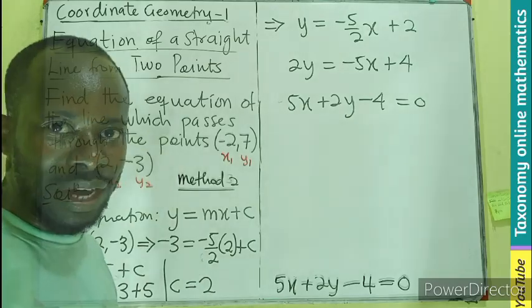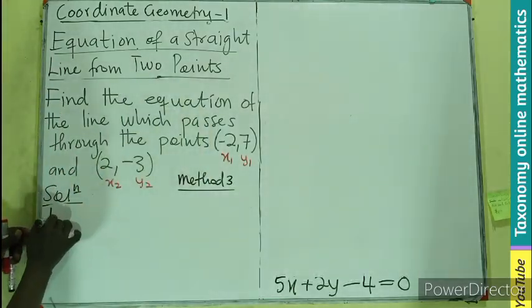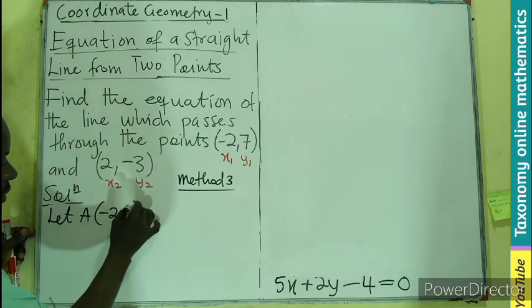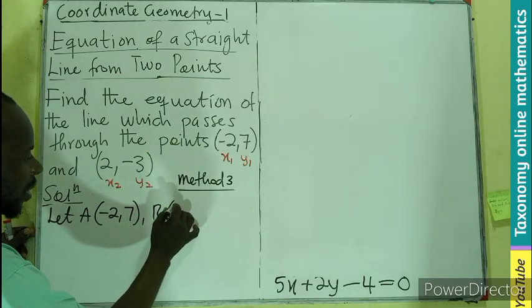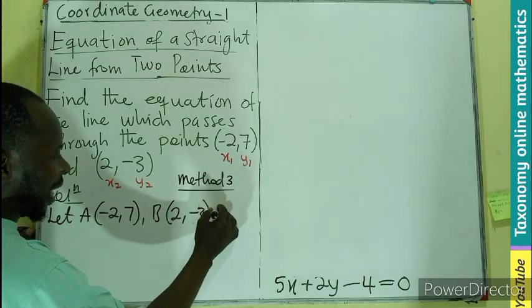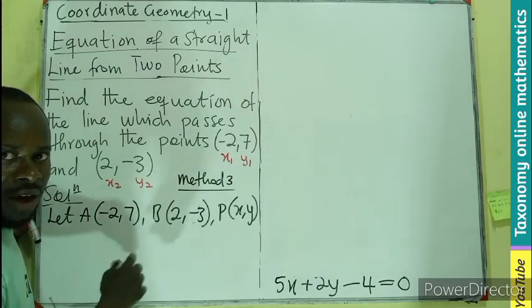Then let's try the last one. So for the third method, we let A be the first point, B be the second point, and let P be another point that is on the line. We have 2 points already.